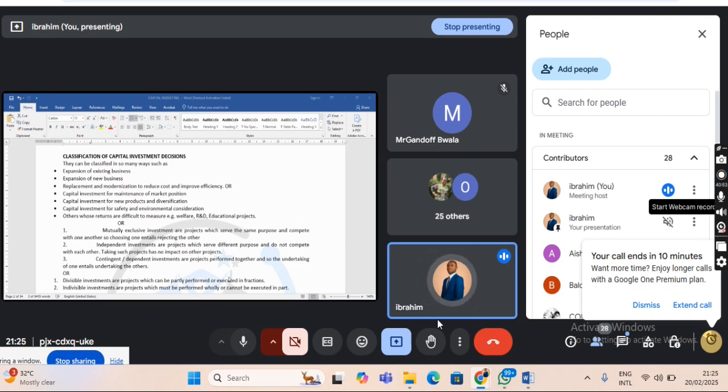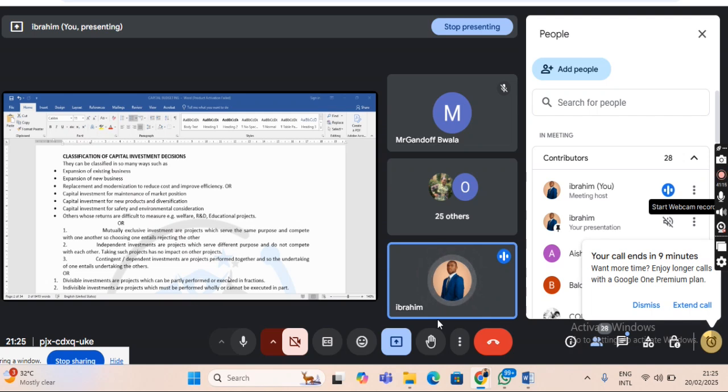Because you'll be given a question that, oh, AA Limited has 100,000 and they want to execute a project, and this project has a positive NPV, right? They will tell you that the project is mutually exclusive, the project is divisible, the project is indivisible.